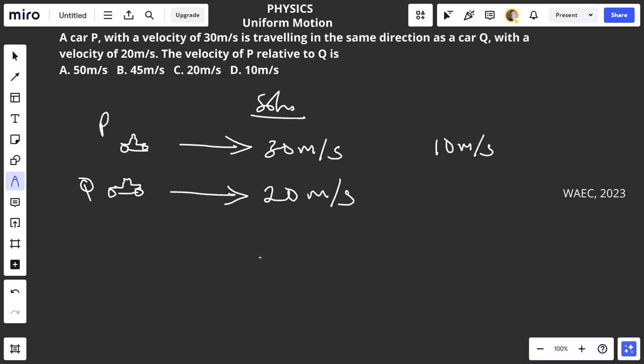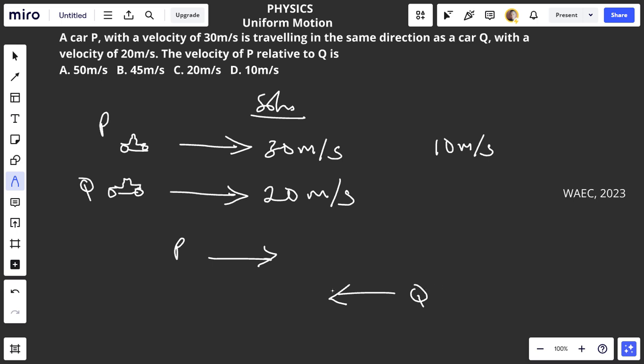However, if they were traveling in opposite directions, P and Q, you see that someone who is in P will see Q becoming so fast. That's why when you are on the expressway, the car coming ahead of you will appear to be so fast, even though the car may be traveling at a lower speed.